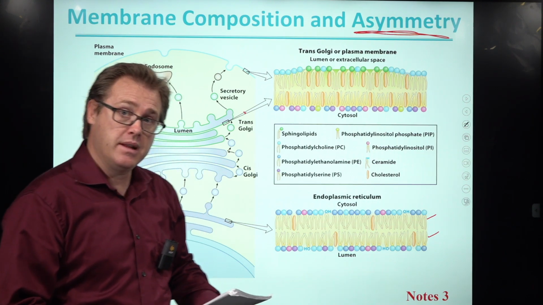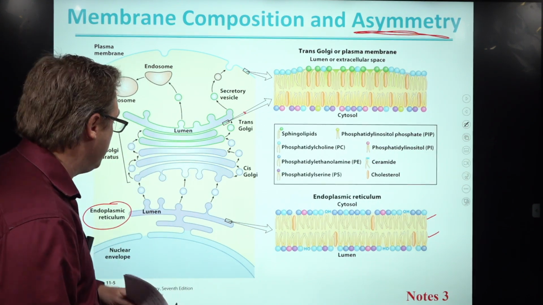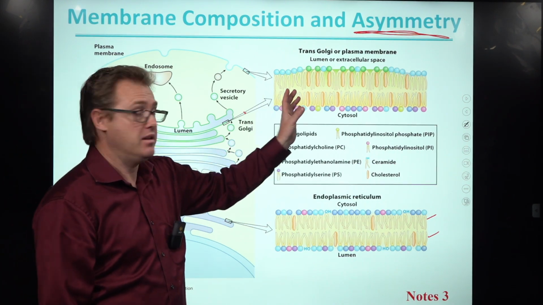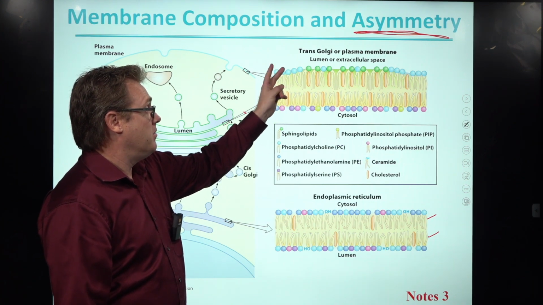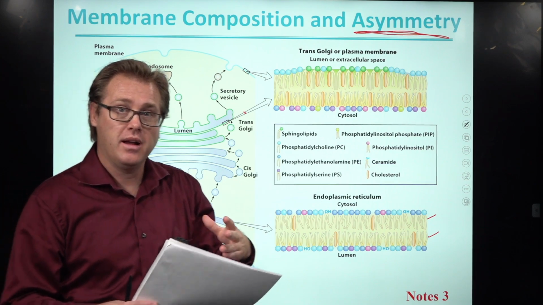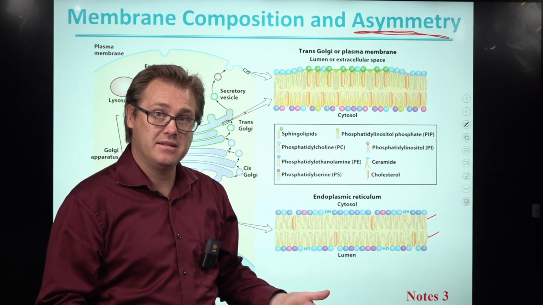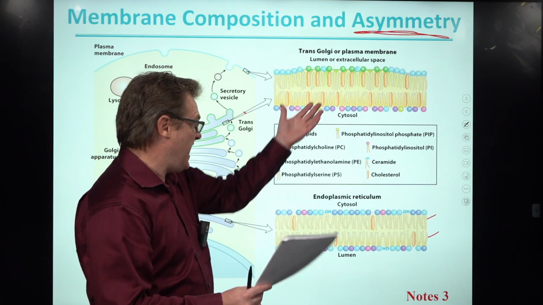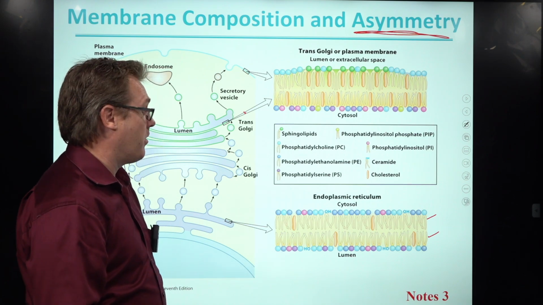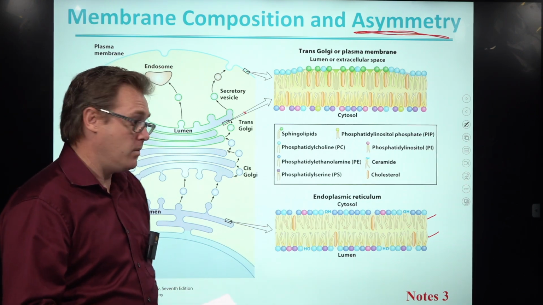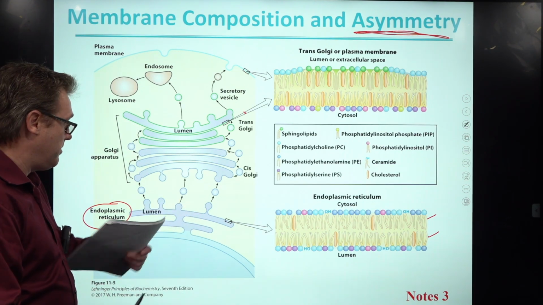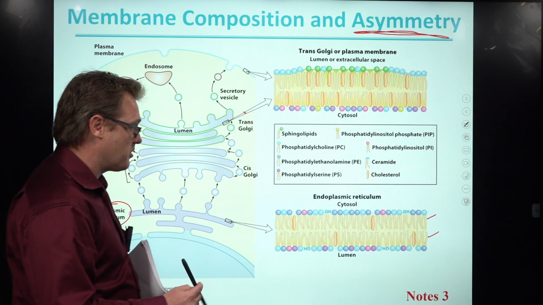And this is really, really important because the composition of these lipids determines where it needs to go in the cell. It is the identity. It helps to identify what type of membrane it is or where that membrane needs to go. So when you're looking at this graphic, I want you guys to pay attention to these terms right here.